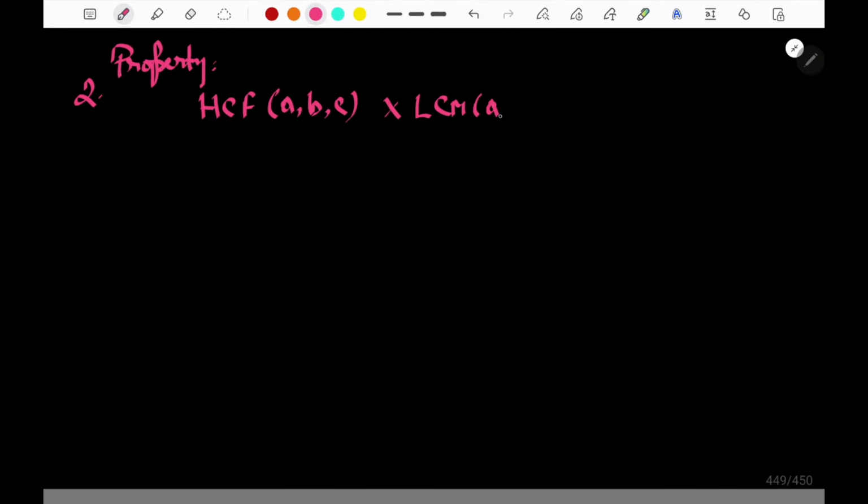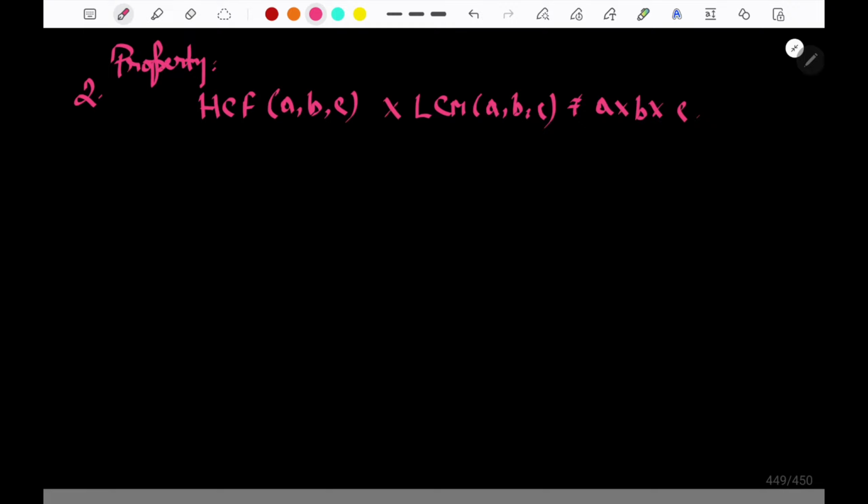Now next property. So this is property 2. Now what does property 2 say? Remember, HCF of a comma b comma c into LCM of a comma b comma c is never equal to a into b into c. This never happens.